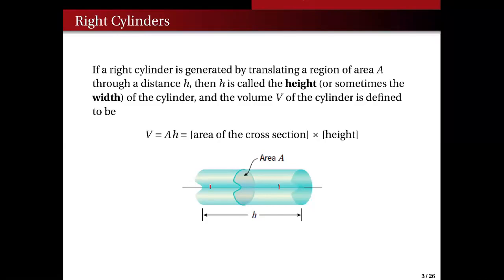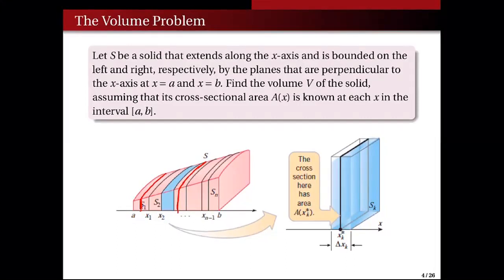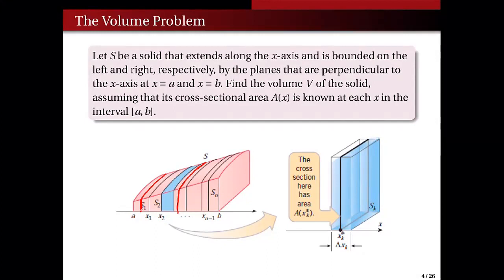For example, in here, at this point, if we look at this part here, we have a small region in here. And then we move further to the right. Say here, we have a bigger region. Okay. So how do we solve for the volume of the cylinder, or of the solid?